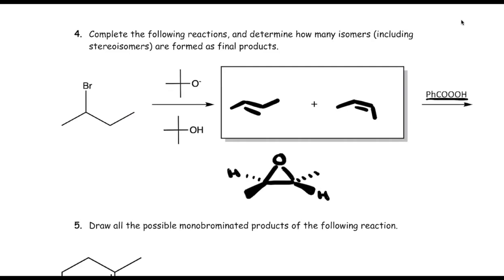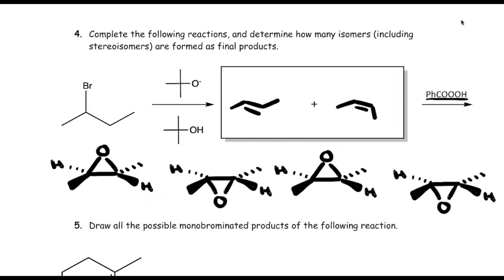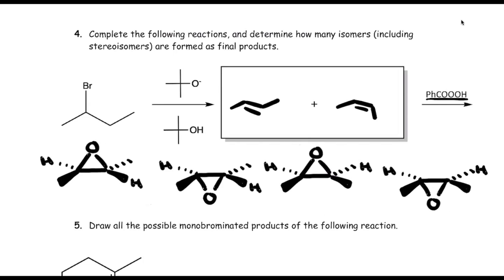either this product and these. So for each one, you would end up getting a total of 2 stereoisomers, for a total of, actually, no, you would only end up getting 3 because this one right here is meso.